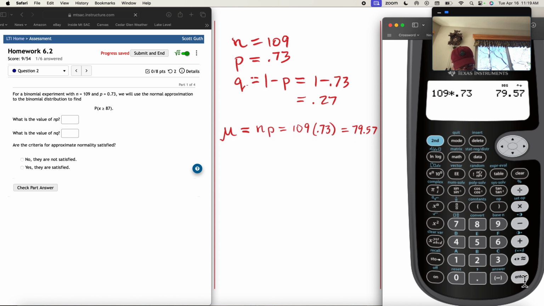But then nq is actually the mean number of failures, and we don't use that because we're only counting successes in a binomial experiment. Anyway, it's 109 times 0.27. Let's do that over here. And we get 29.43.